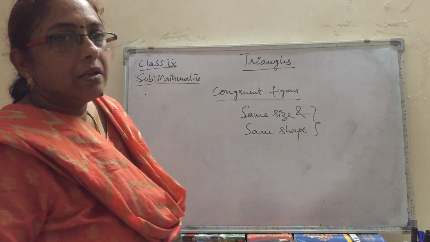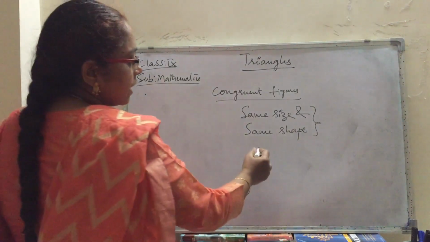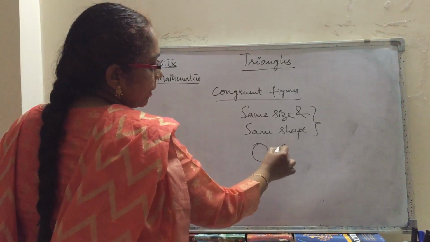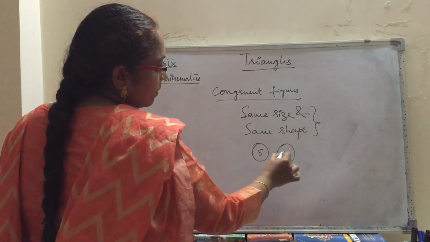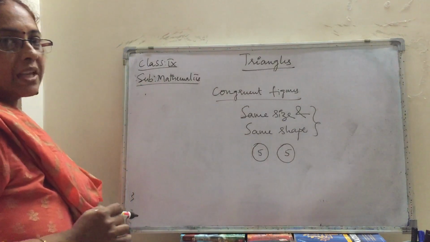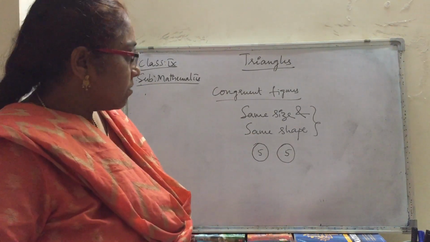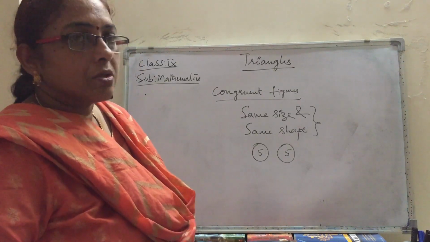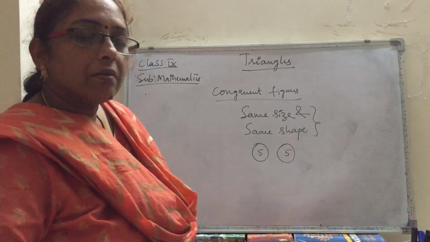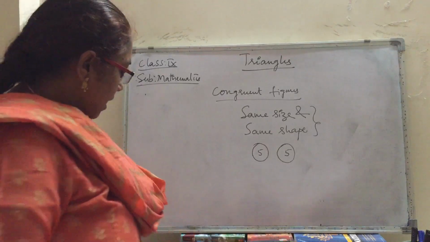Give an example. See, if I take two 5 rupee coins of the same year of manufacture, can we say they are congruent coins? Yes, because they have the same shape and the size is also the same. Then we can say they are congruent coins.